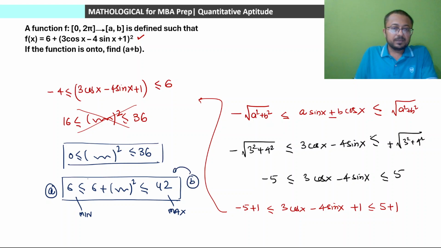So a will be 6 and b will be 42. So a plus b will be 36 plus 6, एक सेकंड, 36 कहाँ है, 42 था, तो 6 plus 42 that is equal to 48. Our answer will be 48 in this case.